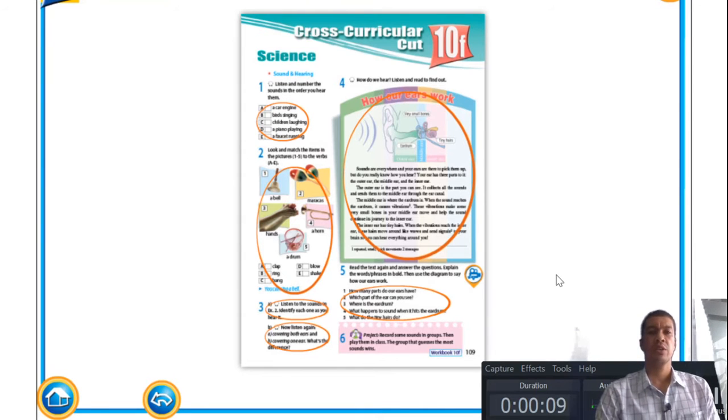As we continue with the lesson, we are starting with Unit 10F. Today's topic is science, and we're talking about sound and hearing. A very interesting topic, because in our daily lives we use our five senses to communicate with people around us.